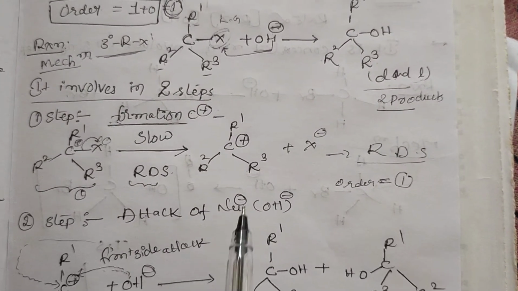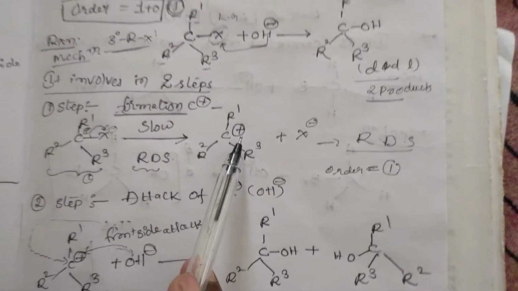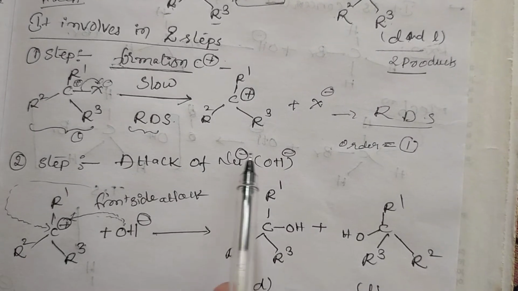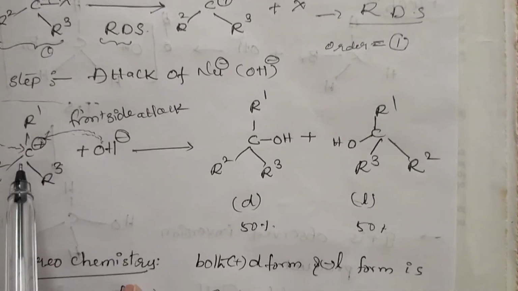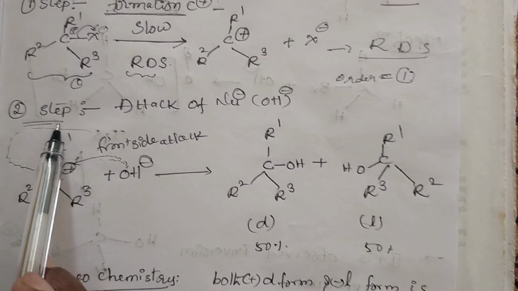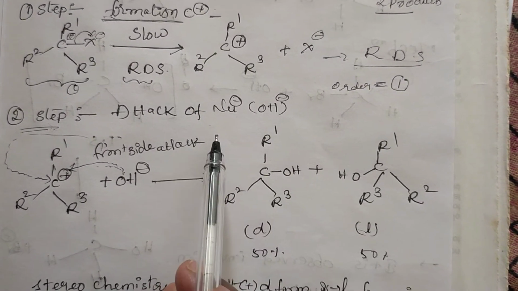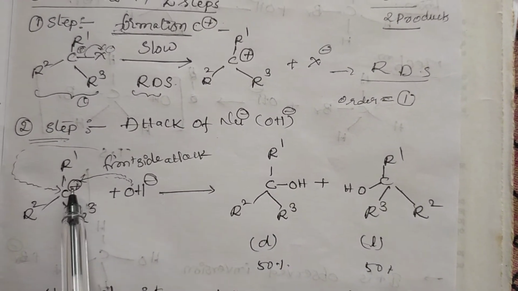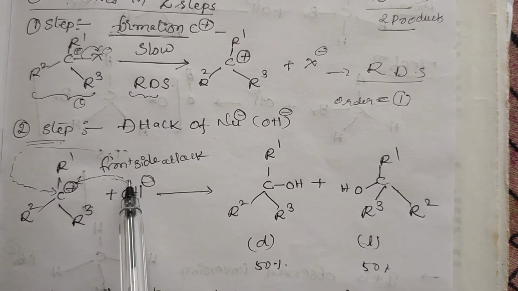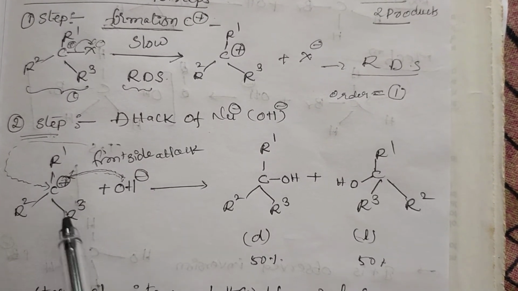Next, after formation of the carbocation, the nucleophile will immediately attack the carbocation. So that is step 2, attack of the nucleophile. See, this carbocation has a trigonal planar structure.